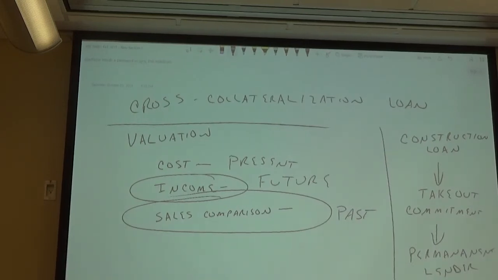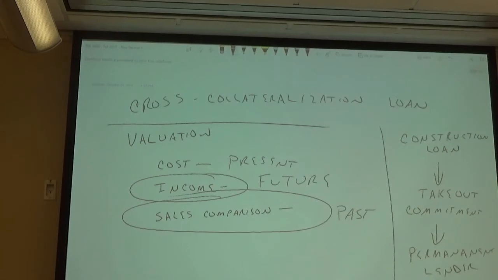In some cases, it's once your certificate of occupancy has been achieved. It could also be based upon a certain percentage of the units having been leased. It could also be some other metric that is required by the permanent lender in order to take the construction lender out of the deal.